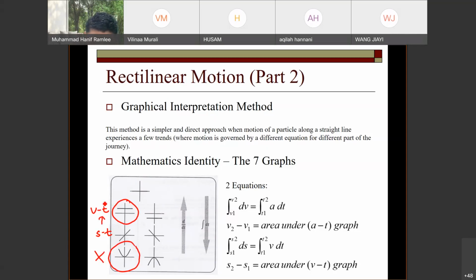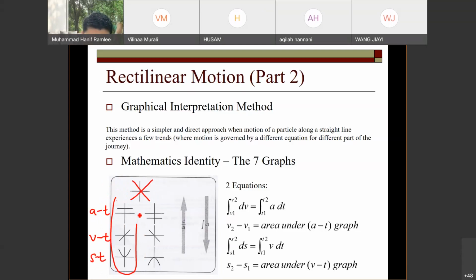But again, if you want to have an AT graph, you have to differentiate, and you will have this one, the first graph here. So if I have the ST graph here, you can get the VT graph like this and the AT graph like this. This will not need to be used.